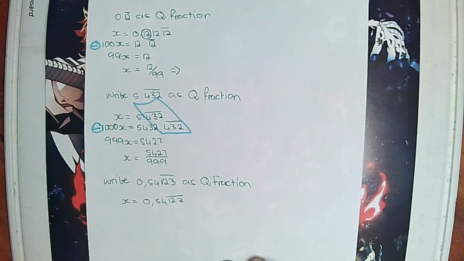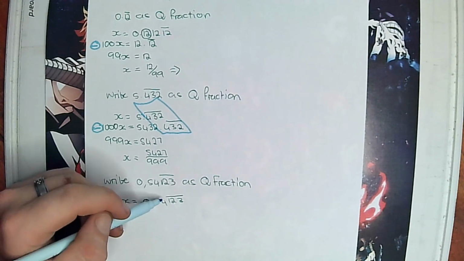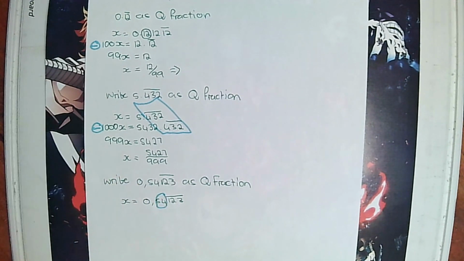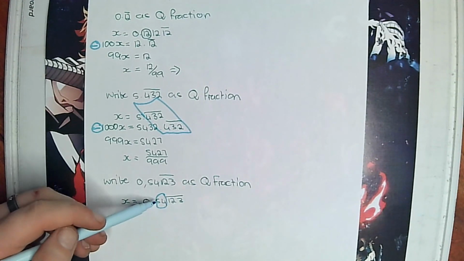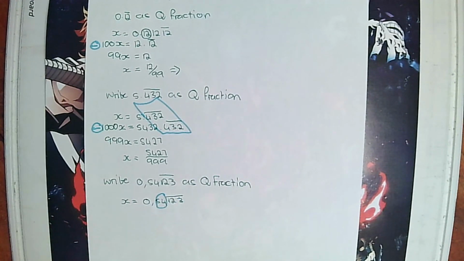The trick here is that I have these two decimals that are not part of the repeating decimals. But that's not a big problem. The only thing that means is that we have 1, 2, 3, 4, 5, so we need 5 zeros. 5 zeros in this case would be 100,000.